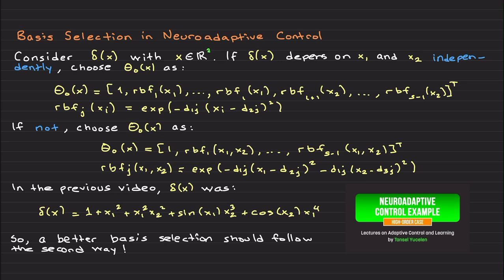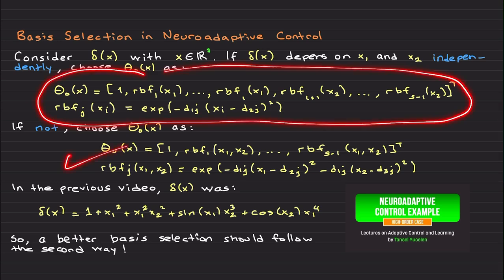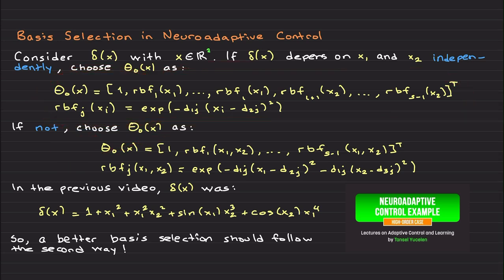In the previous video, in this neuroadaptive control example, we used an uncertainty like this, and we basically used this. I am not saying this is wrong. I am saying this is a better strategy. What we saw in the previous video is that we started with a small number of independent radial basis functions for x1 and x2, and then we increased this number and saw that adaptive control performance got better.